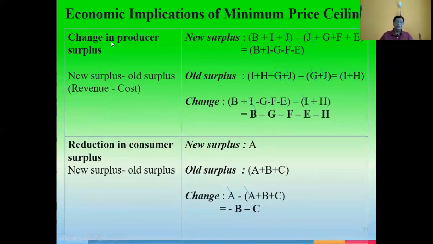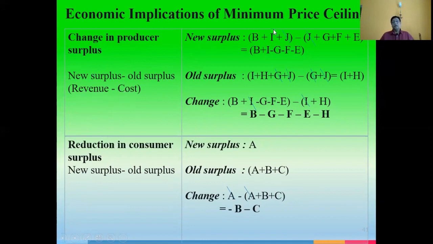Then changes in producer surplus. Again, the change in producer surplus is the difference between new surplus and old surplus. First, the new producer surplus. As I mentioned earlier, producer surplus is the difference between total revenue of producers and cost of production.